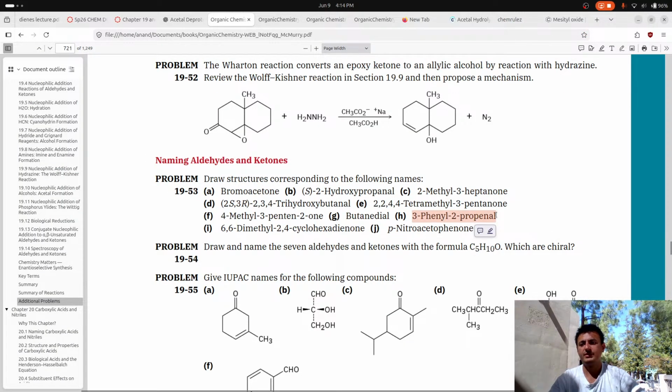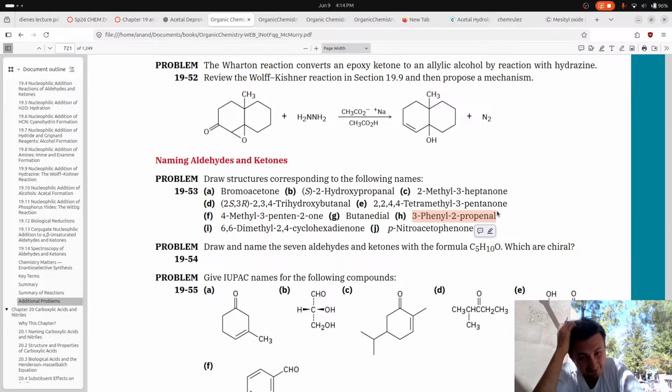3-phenyl, 2-propanol. Okay, so we got, wait, what? Oh, propanol. Okay, so 2-propanol. This is an O. And this is a wait, what? No, I think that's right. Yeah, it's a phenyl group.